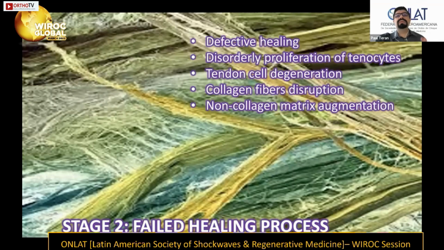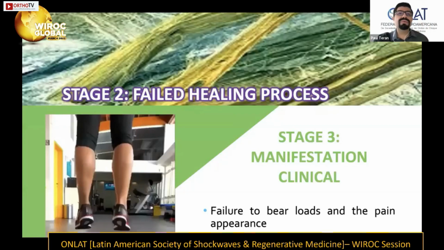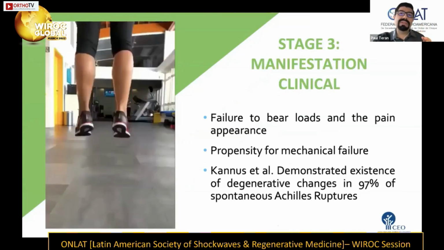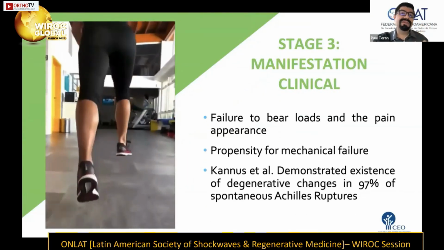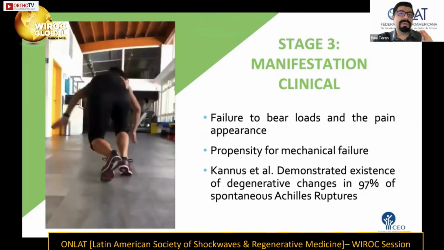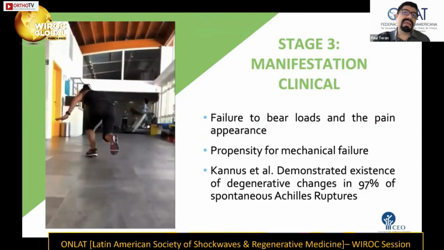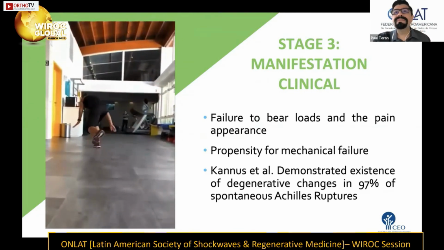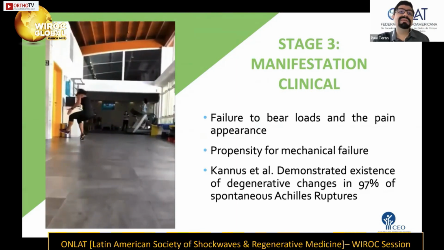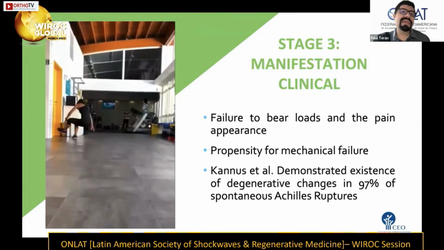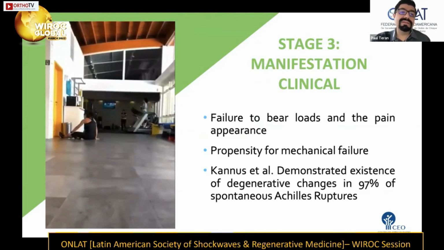Now we reach phase 3, where the clinical manifestations appear with failure to bear loads and the appearance of pain, producing mechanical failure, like this example. Kannus et al. demonstrated the existence of degenerative changes in 97% of Achilles ruptures.